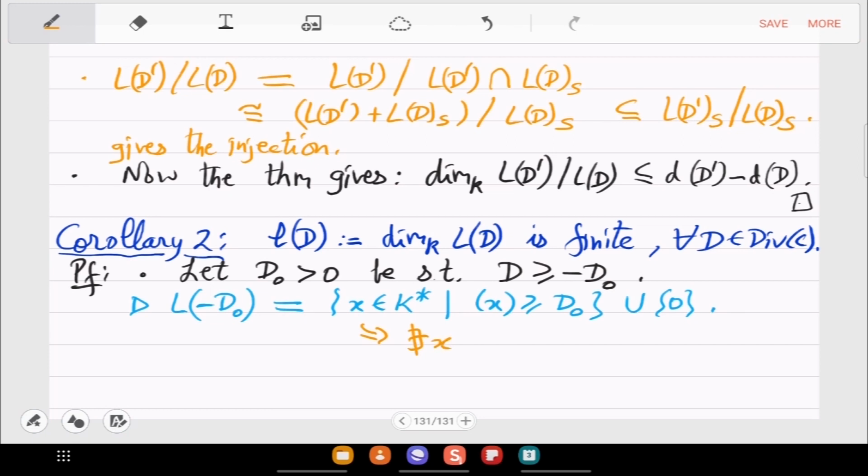There does not exist an x as d0 is positive, as we need zeros but no poles. So the only option left is zero.